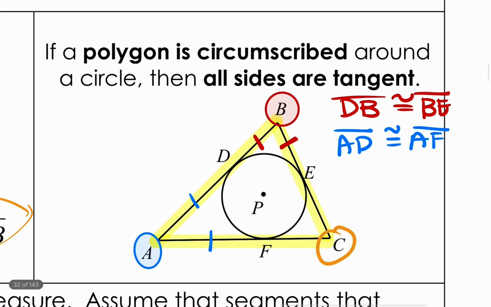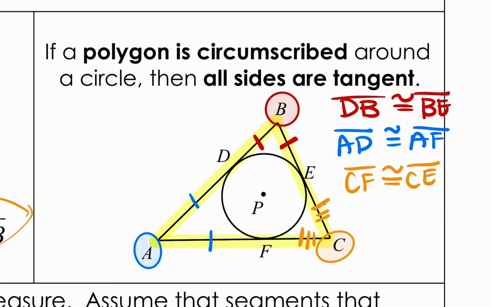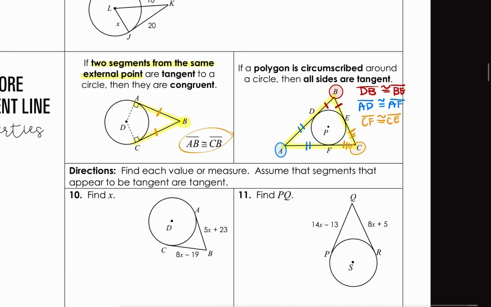And then if I look at this external point, I can see that these lines will be congruent. So CF is congruent to CE.